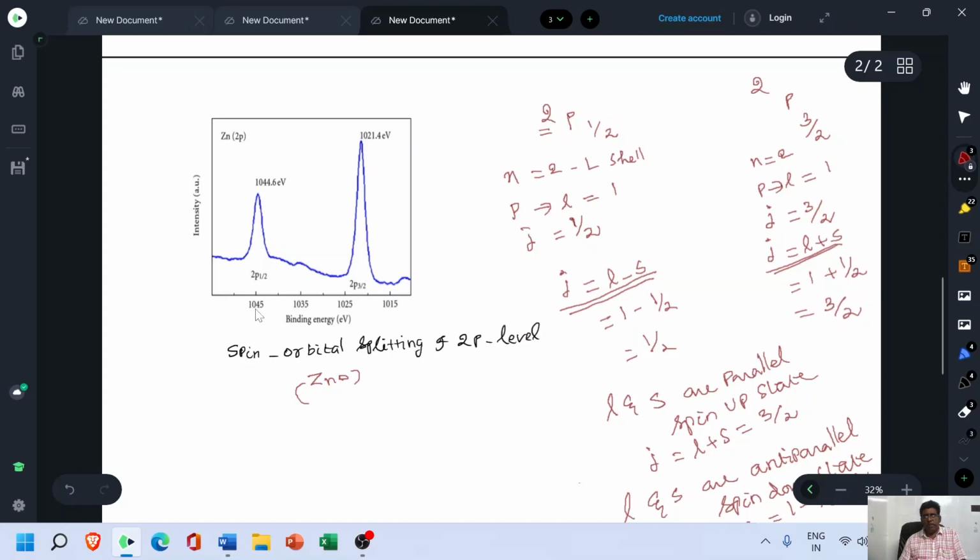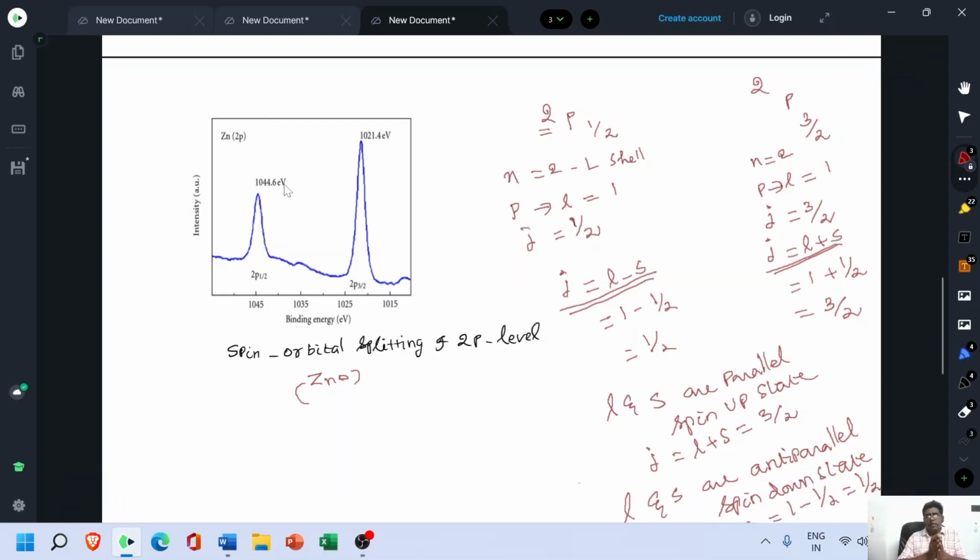The binding energy of the spin up state, that is 2p 3/2, is always lesser than 2p 1/2. The value of 2p 3/2 is 1021.4 electron volt, but the binding energy of 2p 1/2 is 1044.6 electron volt.